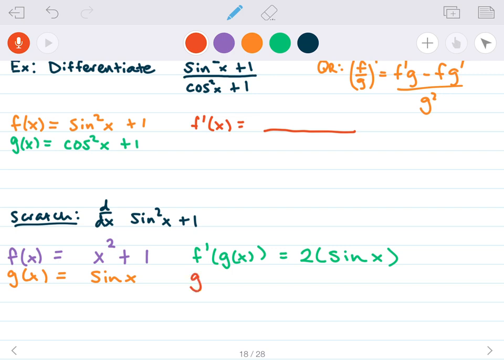Then g prime of x, the derivative of sine, is cosine. So all together, I multiply these to get the derivative, which is 2 sine x cosine x. And that goes up there. So I just found the derivative of that piece by using the chain rule.